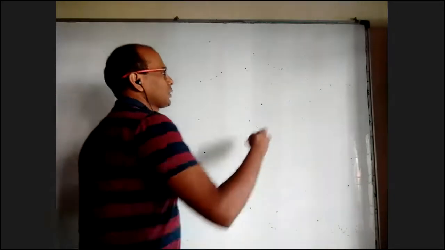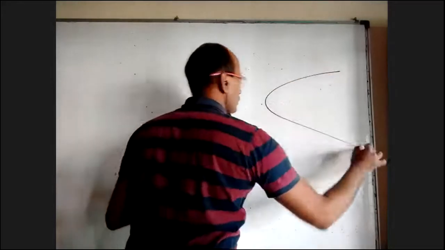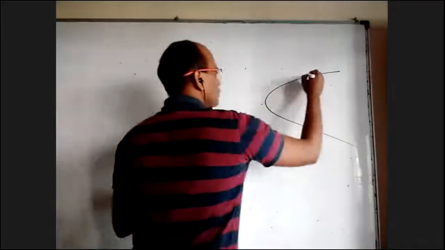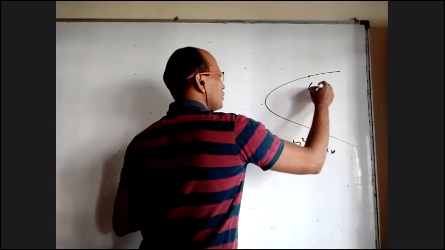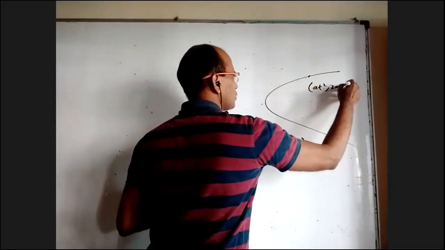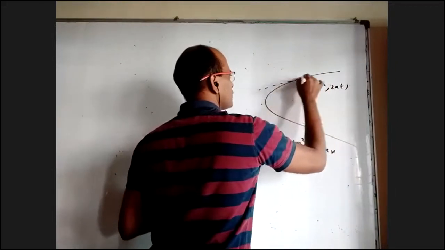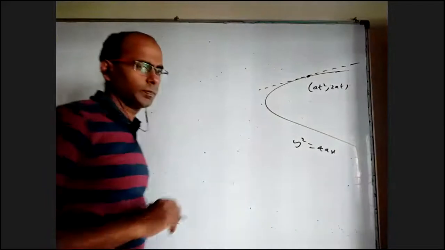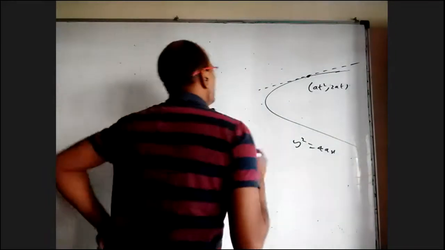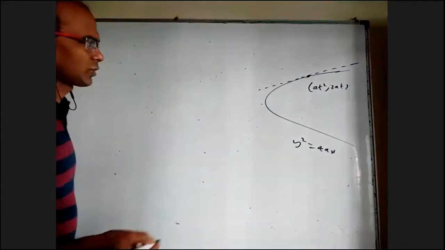Now let us see what is the equation of the tangent at (at², 2at). So this is the parabola y² = 4ax. One point on it is (at², 2at). At that point there is a tangent. What is the equation of that? You can use S1 = 0, you can use calculus, anything is okay.